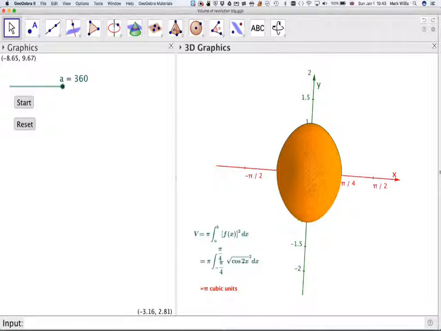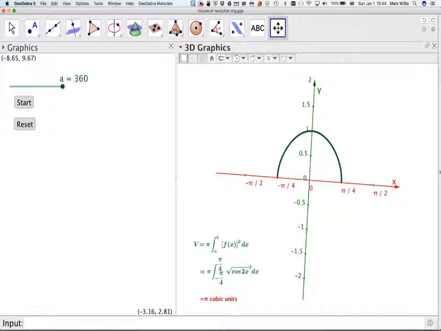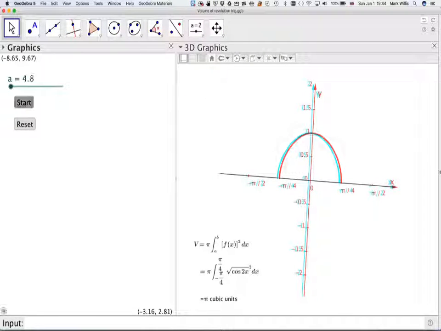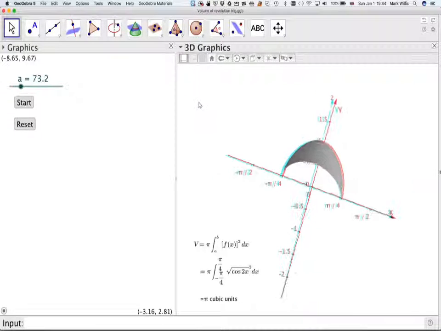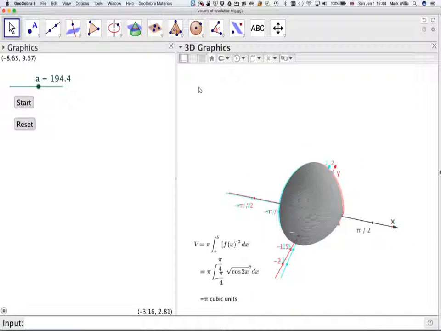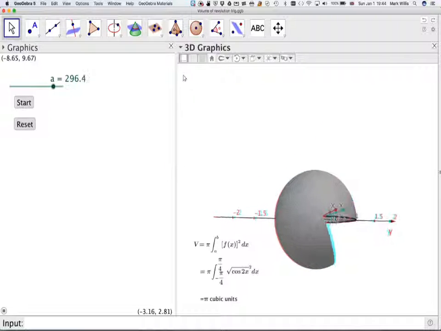Now, if you want to look at it with your glasses, put your glasses on now, and to do that, you select this one, and then this one, and then glasses. And then if I just reset it and then do it, you'll get to see it in 3 dimensions.